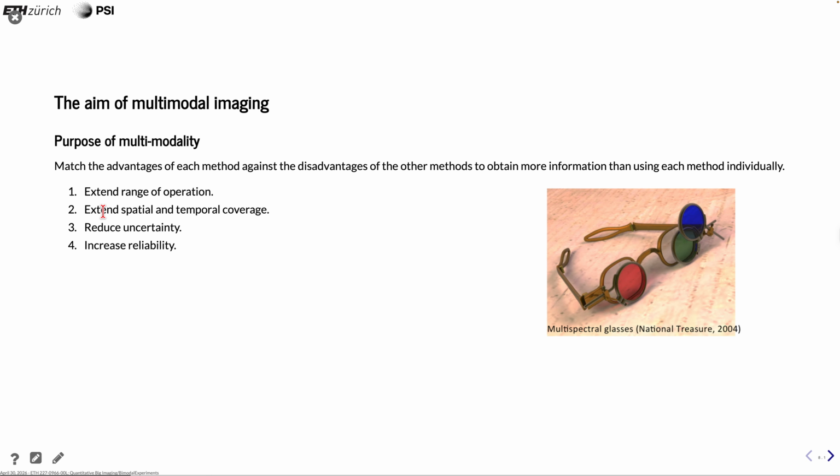It could extend the spatial or temporal coverage, so one modality may be faster but doesn't have so high spatial resolution, or reversed. It could also help us to reduce the uncertainty. In one modality we may have good resolution, but not sufficient contrast to determine if this is one or the other item. And with that, we would also hopefully increase the reliability.